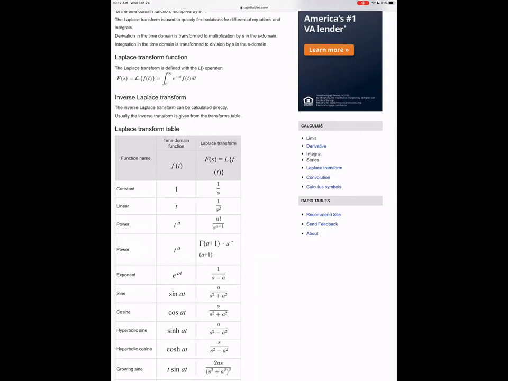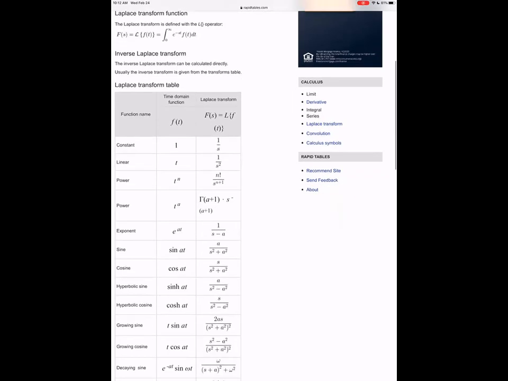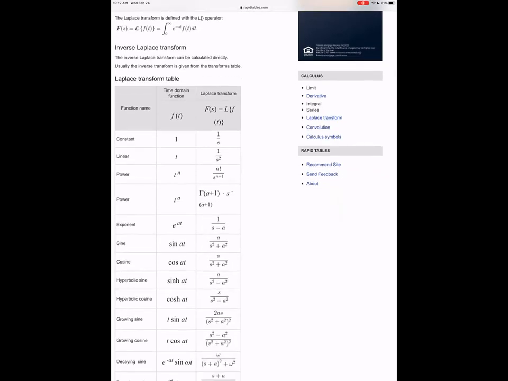So for that reason, there's sort of an implied multiplication of f of t by u of t, meaning this function is only valid for t greater than 0. Otherwise, for example, if you write sine of at, that's a continuous function from negative infinity to infinity. So really, it's sine of at u of t. Some tables will express that explicitly, others will not. So you just have to be careful, but it is always understood in the single-sided Laplace transform. And we do not in electrical engineering utilize a double-sided Laplace transform.